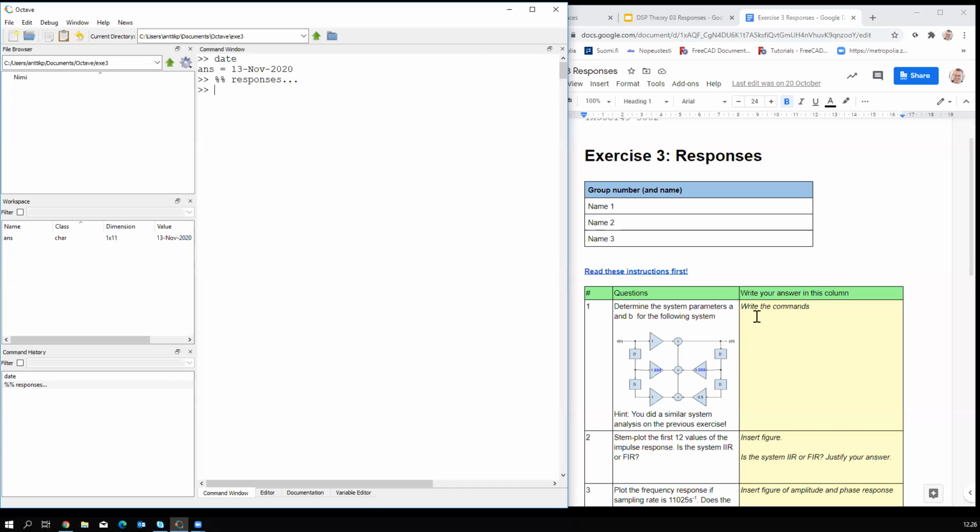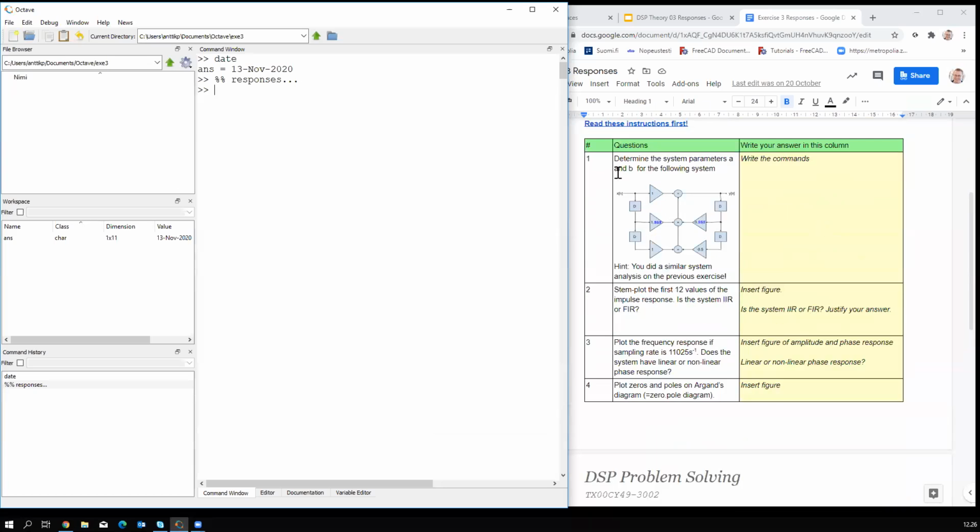On the exercise, you will again determine the system parameters of A and B for the following system. I will definitely go through exercise 2 returns on Monday at latest, since that's where most of the mistakes will happen.